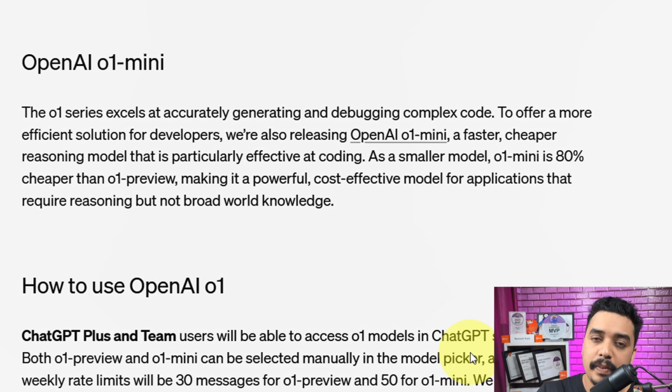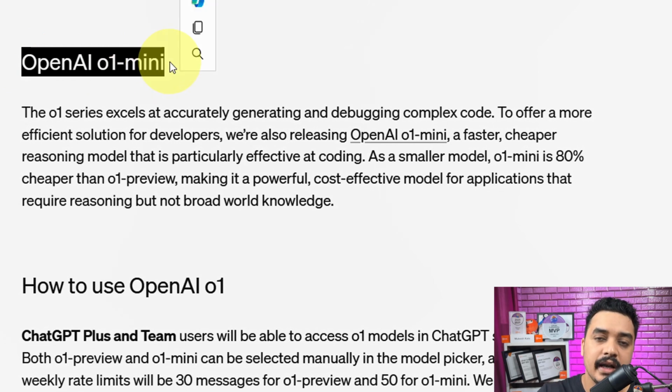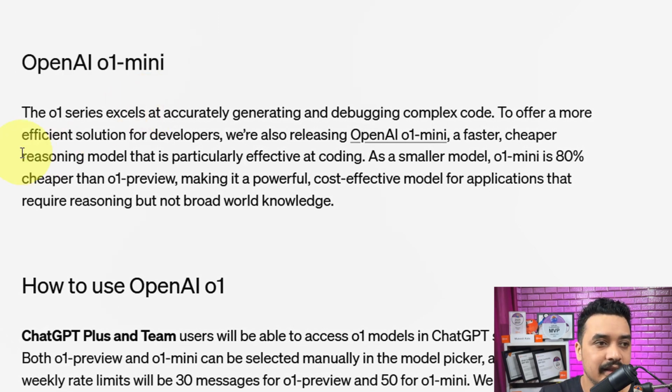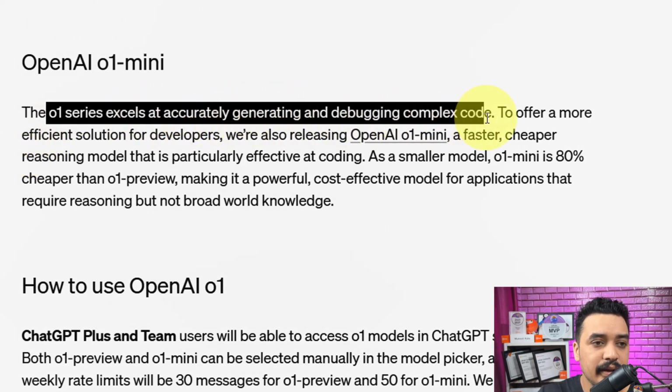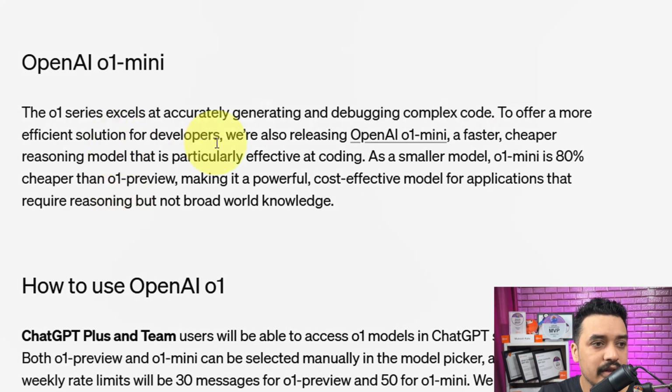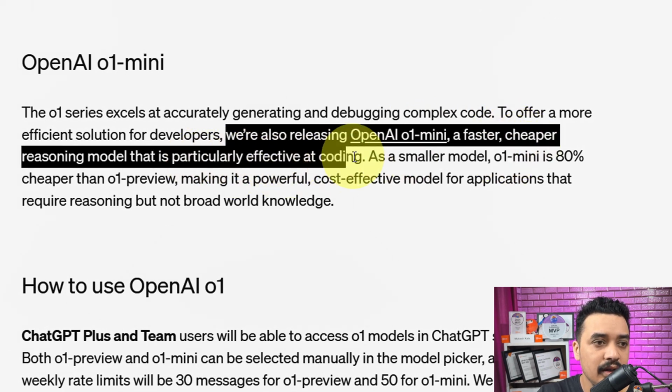With that, OpenAI has also released a mini version which they call OpenAI O1 mini, right? OpenAI O1 was the first model we were discussing, and then you have a new one called OpenAI O1 mini. What exactly is this? O1 excels at accurately generating and debugging complex code. To offer a more efficient solution for developers, we are releasing OpenAI O1 mini, a faster and cheaper reasoning model which is effective at coding.